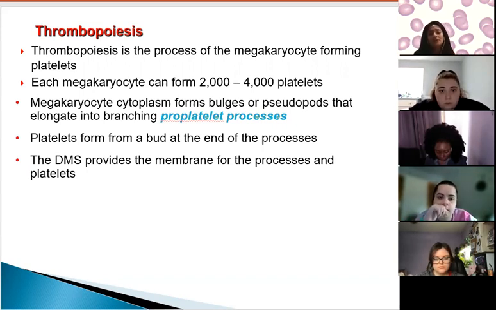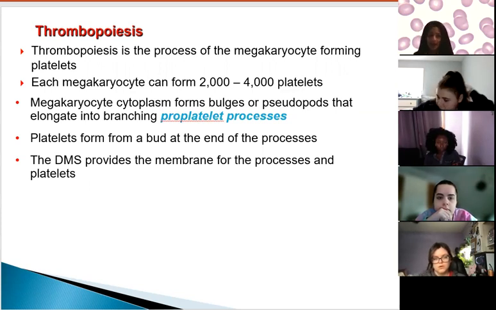So thrombopoiesis or thrombocytopoiesis is the process of the megakaryocyte forming a platelet or platelets. Each megakaryocyte can form about 2,000 to 4,000 platelets. So it's a lot, okay? But that's why in the blood, you see that our platelet numbers are huge, because they're really, really tiny structures and you need a lot of them in order for the whole function to be carried out.